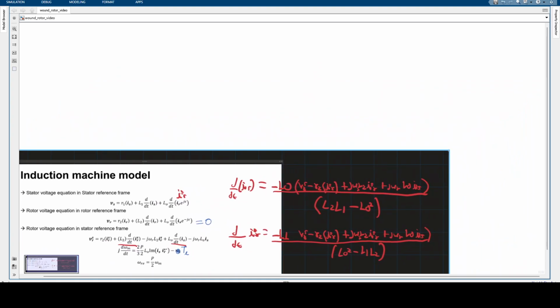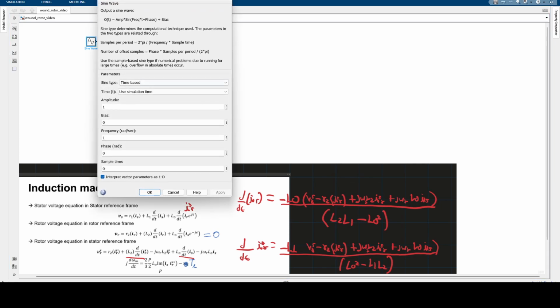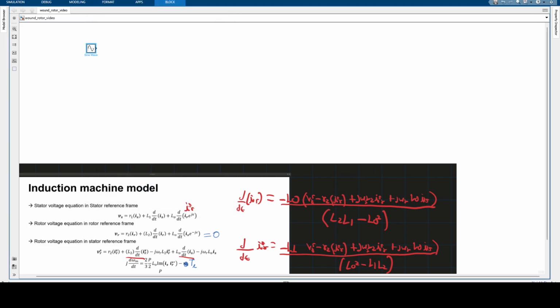Okay, so first, what is gonna be our Vs? We know that we are gonna have our sine wave. We said that our amplitude is the peak, our frequency is the phase frequency, and because this is gonna be our phase A, we don't have a shift.